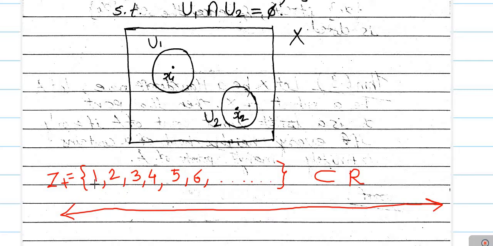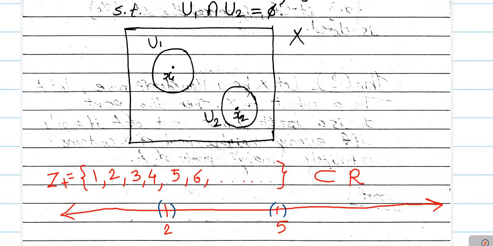Next, if we take any two distinct members from this Z plus, for example, suppose here it is 2 and somewhere here it is 5, then as 2 and 5 are distinct points from the set Z plus, if we take a very small length, then there exist intervals, that is, neighborhoods of 2 and 5, such that these two neighborhoods do not intersect each other.